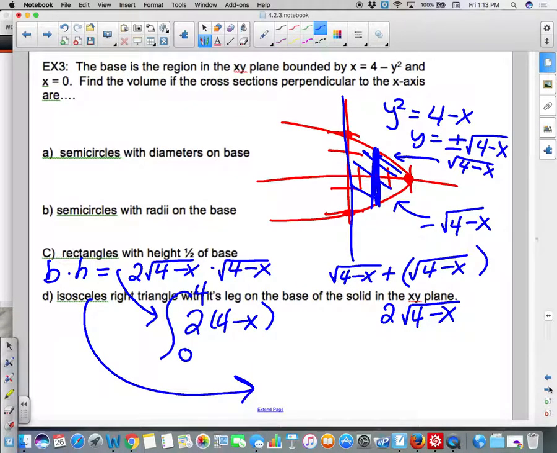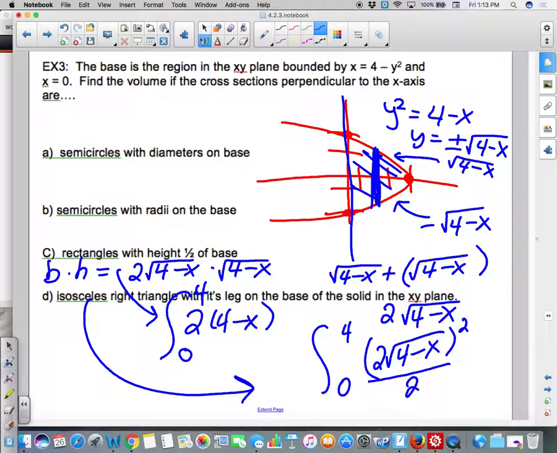Okay, so I'm going to do the integral from 0 to 4. The length of the side is still the same, right? It's 2 times root 4 minus x. The length of the side squared over 2, and I just plug that in the calculator.